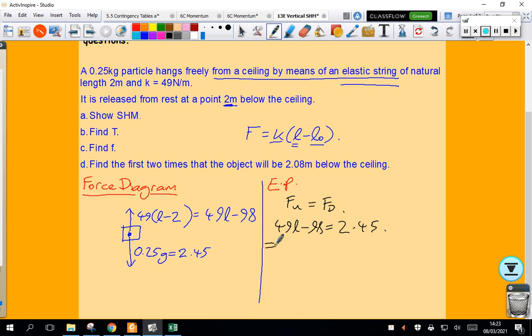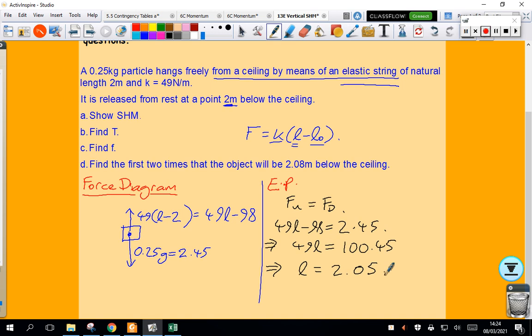Solving that, adding 98 on both sides, I'm going to get 49 times the actual length equal to 98 plus this, that's going to be 100.45, and then dividing on both sides by 49 will tell me that the actual length will be 100.45 divided by 49, which works out to be 2.05.